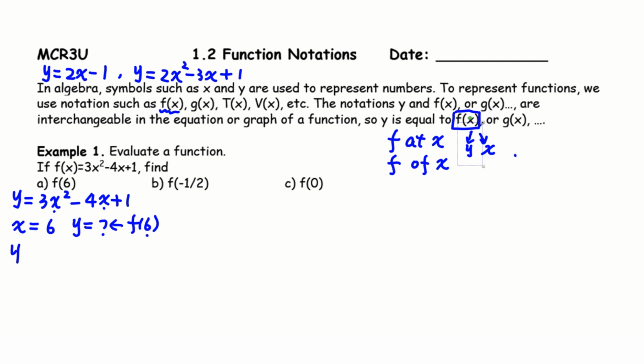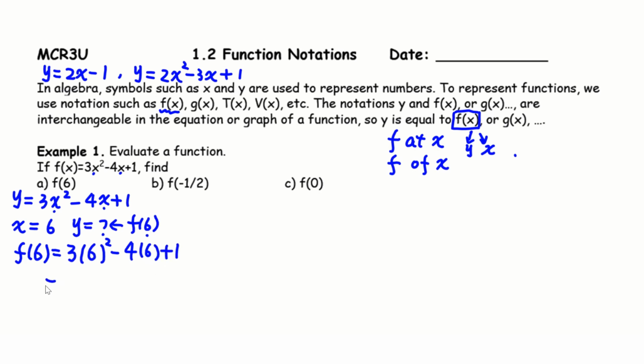So we are going to have y equals, or in function notation, we write it as f of 6. Then we replace the x value with 6: 3 times bracket 6 squared minus 4 times 6, then plus 1.